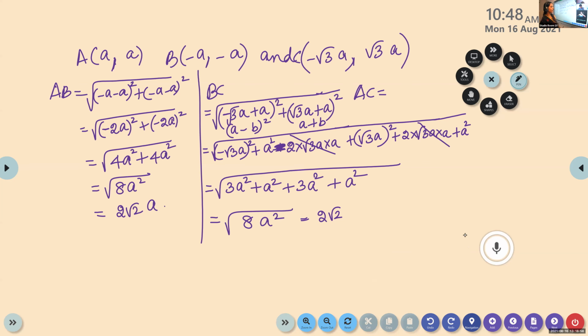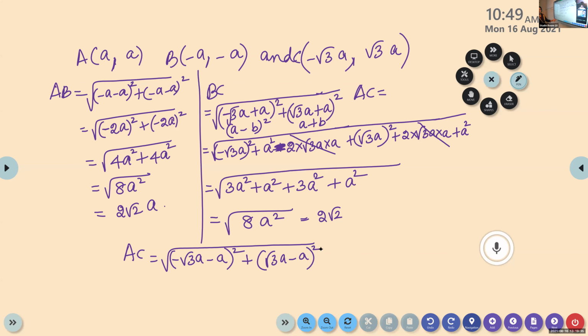Now we have calculated AB, we have calculated BC. Now find out what AC is. Again, AC is root of minus root 3a minus a the whole square plus root 3a minus a the whole square.